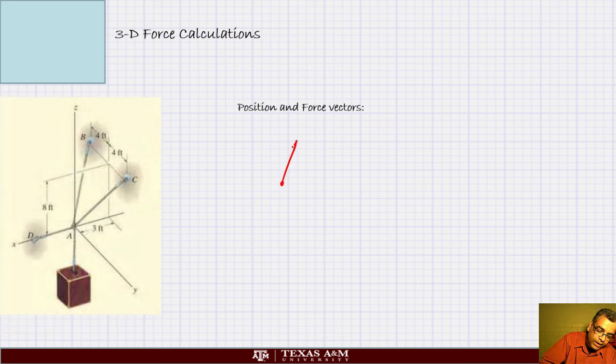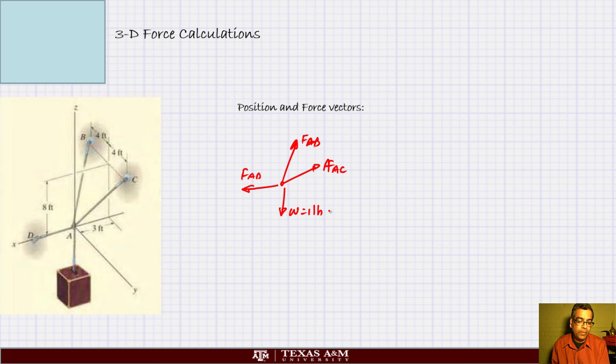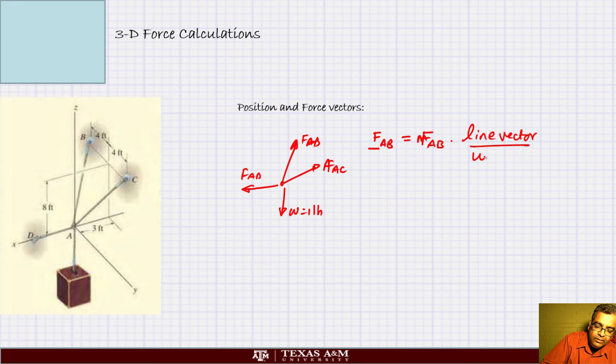So let's get there and see how we do it. Here was our free body diagram: FAB, FAC, FAD, W. FAB equals, remember this is a vector, magnitude, that's FAB, times line vector over line length.